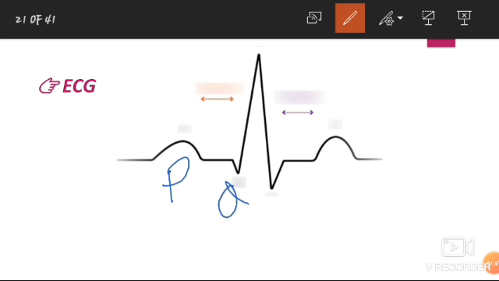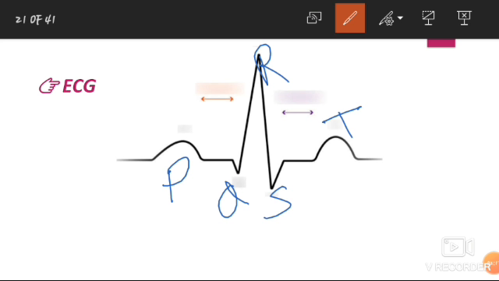And then QRS complex represents the depolarization of the ventricle. I repeat, depolarization of the ventricle, which initiates the ventricular contraction. And the T wave represents the return of the ventricle from excited to normal state. That means T wave represents the repolarization of the ventricles.